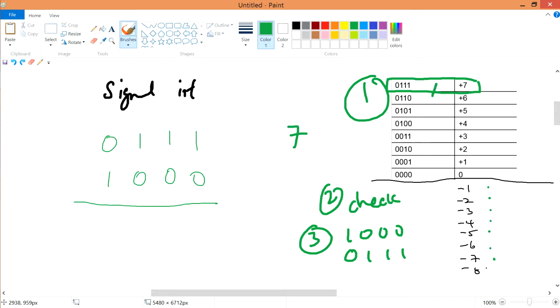So by symmetry this value corresponds to this one if you were to flip. If I flip 1 0 0 0, I will have 0 1 1 1. If I flip 0 1 1 1, I will have 1 0 0 0, which is negative 8. Okay, so it's being shown over here, your 1 0 0 0, your question.